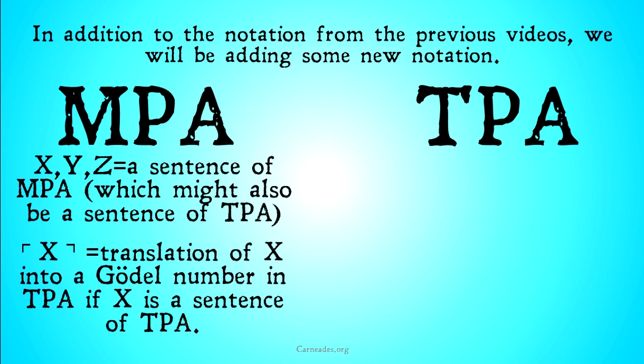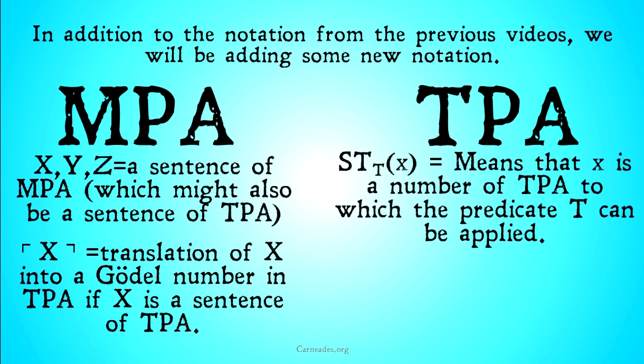And when we put square brackets around one of those variables, it's going to be a translation of X into a Gödel number in TPA, so long as X is a sentence of TPA. It's not going to translate if X is not a sentence of TPA. Hopefully that makes sense.